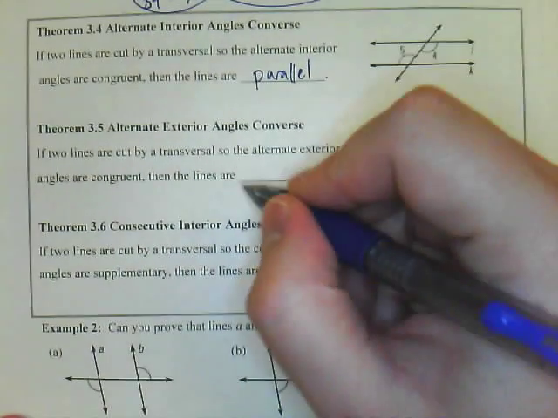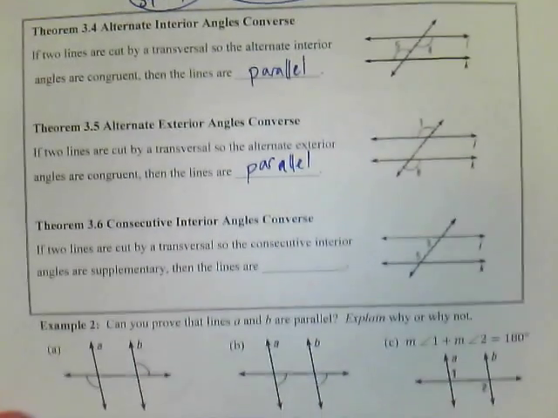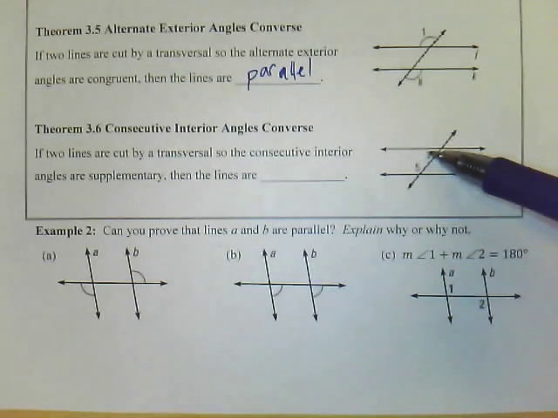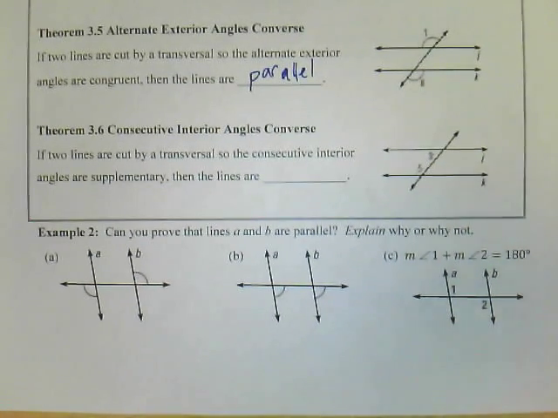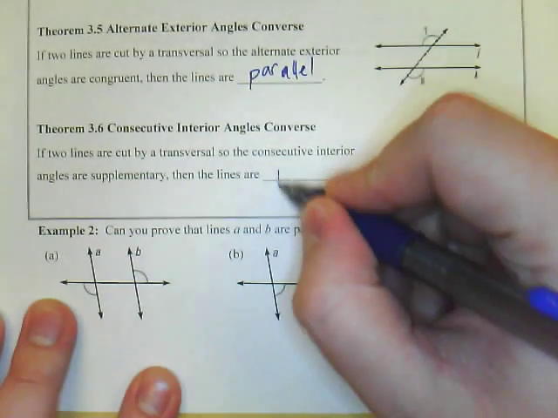Same thing with alternate exterior angles, exact same argument. And same thing with 3.6, consecutive interior angles converse, except this is the one where they're not congruent, they are supplementary. So if we find that angles 3 and 5 here add up to 180 degrees, that tells us that lines J and K must be parallel to each other.